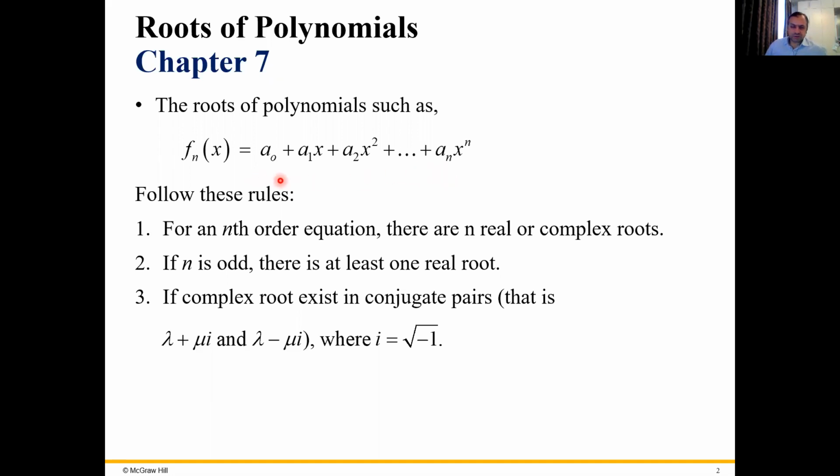Okay, so when we have a polynomial equation such as this, what we can say is that the number of roots of the polynomial equation is equal to the order of the polynomial equation. For example, if this equation has the highest power of x as n, it will have an order of n.